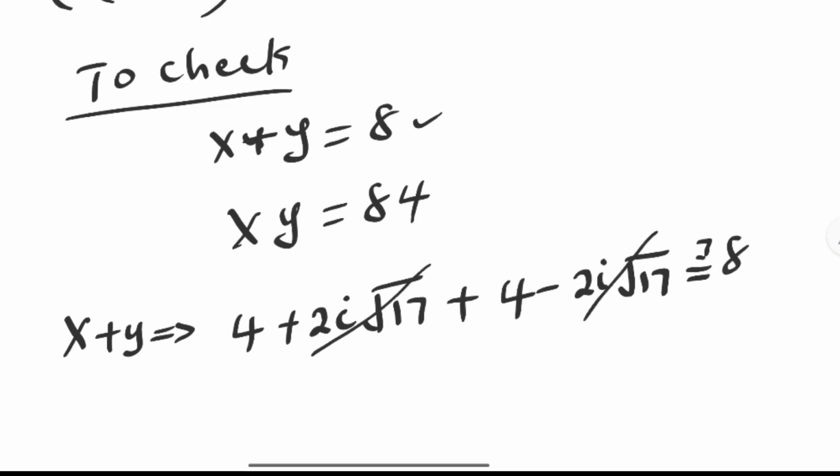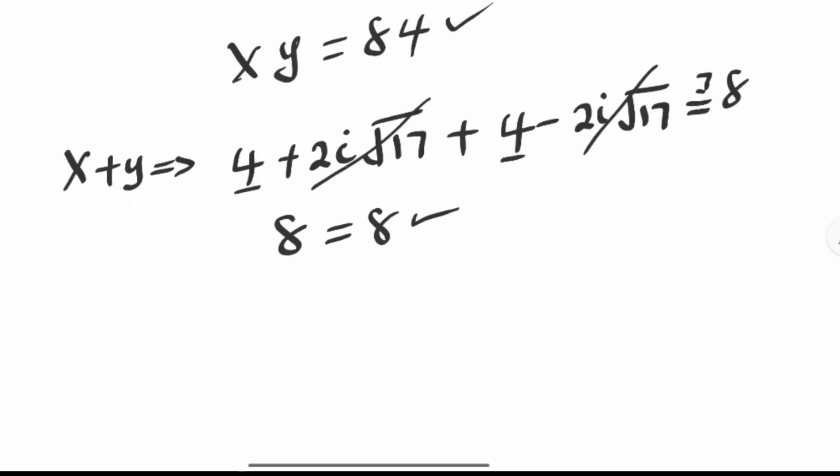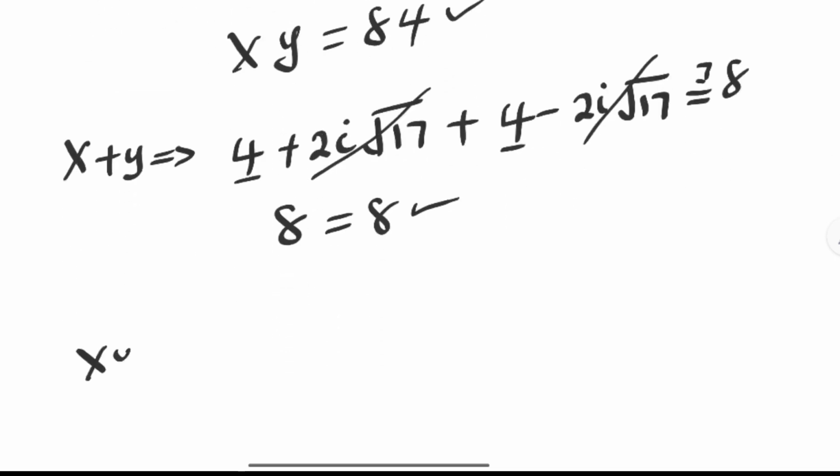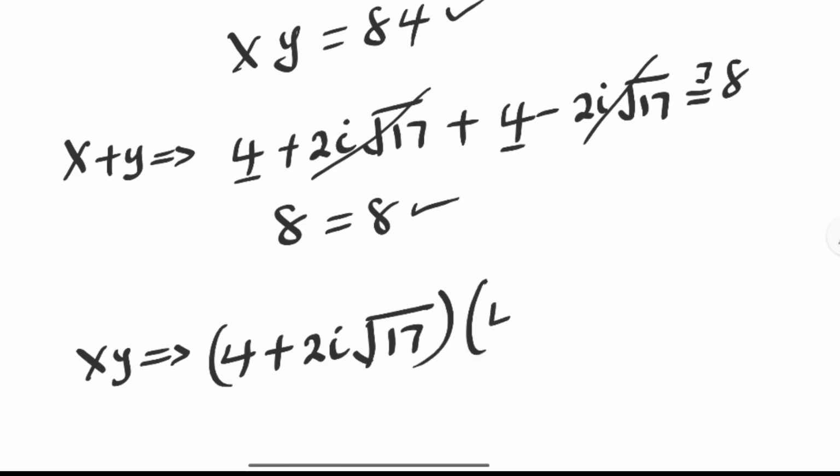This cancels this. 4 plus 4, this is 8, is equal to 8, which is true. Let us consider this. xy can be written as 4 plus 2i root 17 multiplied by 4 minus 2i root 17 must be equal to 84.